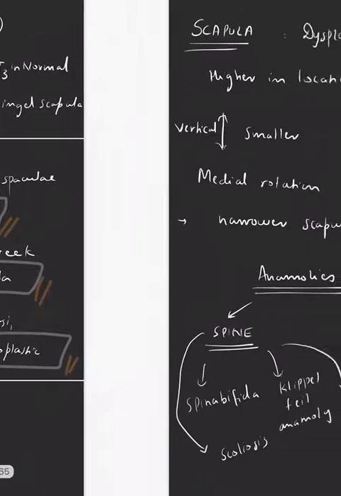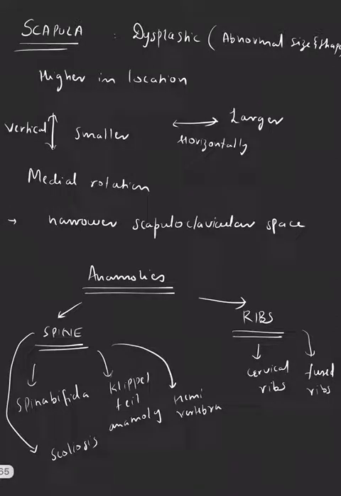Simple. Then coming to the scapula, it is dysplastic. What do you mean by dysplastic? Dysplastic means abnormal in size and shape. You all know how the scapula looks, right? In the Sprengel scapula, horizontally it is larger and vertically it is smaller, and it is also medially rotated.